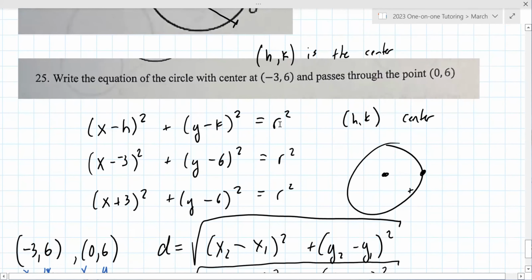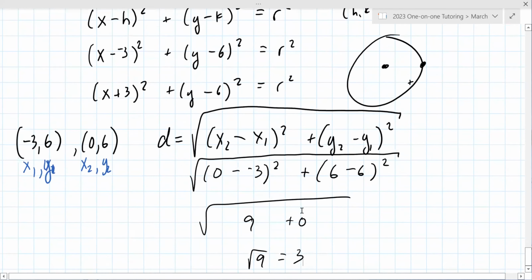Yeah. So r is 3, r squared is 9. So you have to put that back into this formula. So the whole equation would be x plus 3 squared plus y minus 6 squared equals 9. Yes. Okay.